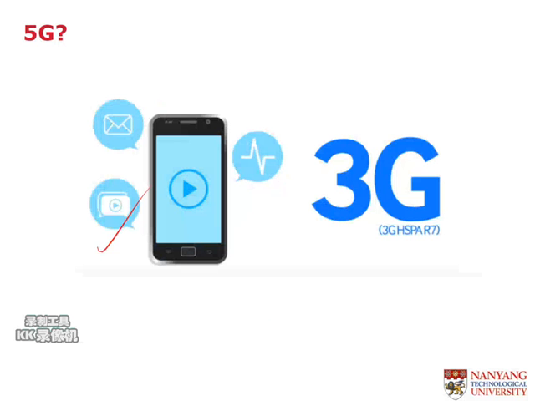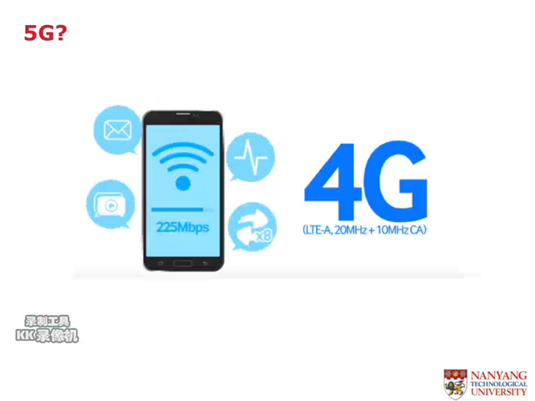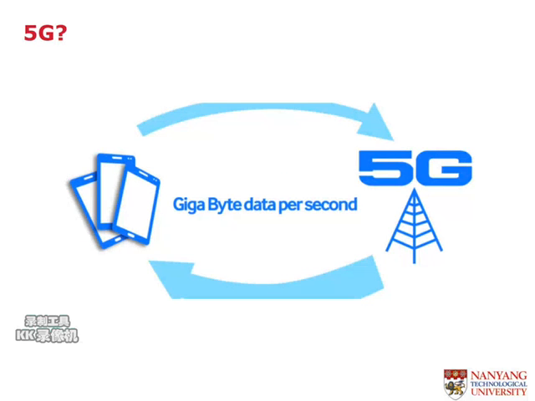Through the fourth G, the LTE service, it delivers data 8 times faster than the third G. Finally comes our fifth G. It comes into our lives and can send data at gigabytes per second, which will be 200 times faster than the existing third G or fourth G mobile networks.